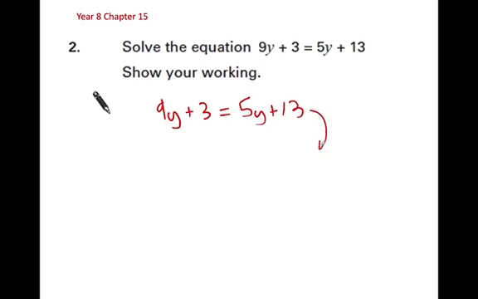So on this side, I'm going to minus 5y, and on this side as well, I'll subtract 5y. So I get 4y plus 3 equals 13.